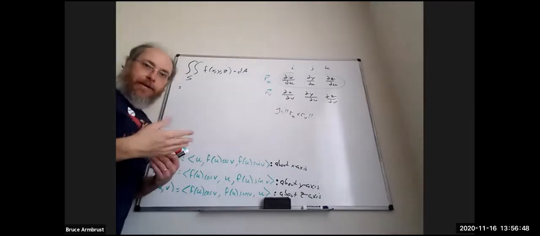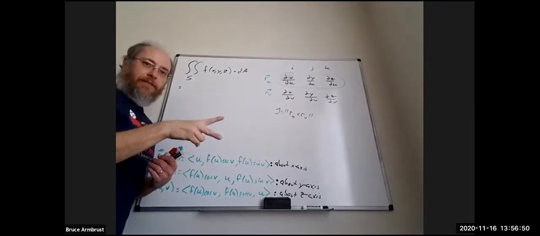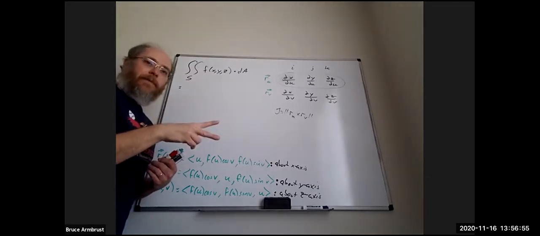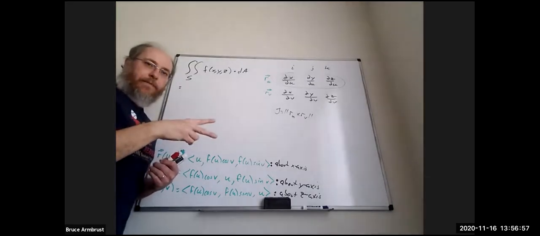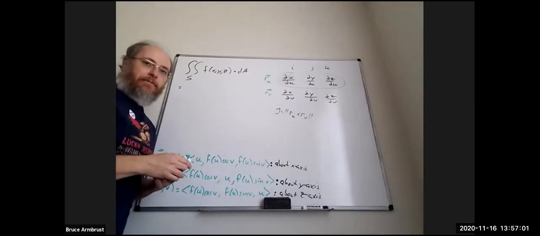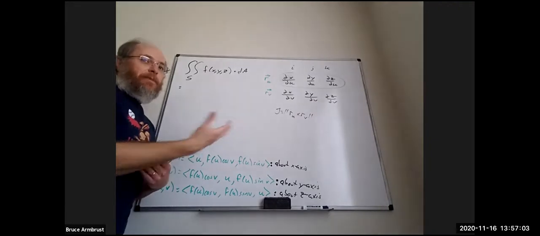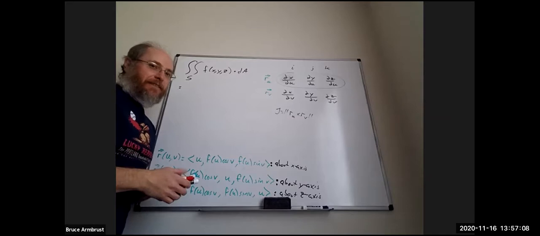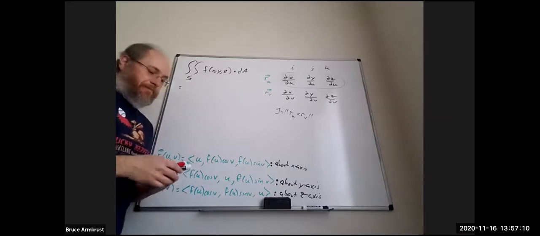Those parallelograms, the two sides of the parallelogram, are RU and RV. When you cross them and take the magnitude, you actually find the area of that parallelogram. So geometrically, it follows the same thing. I just like using the Jacobian argument because why not?